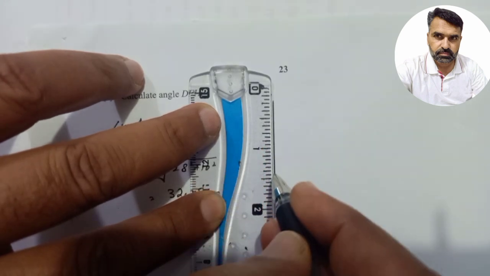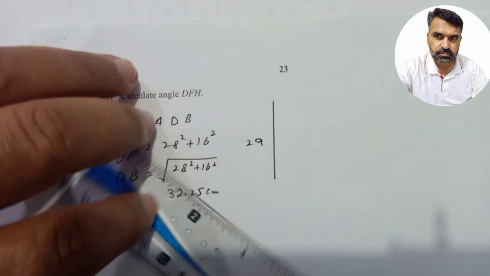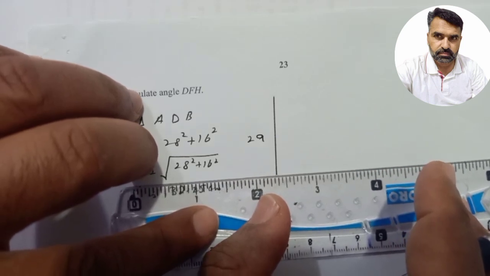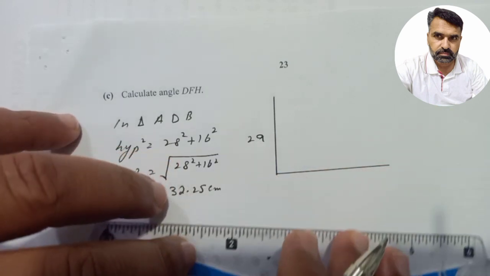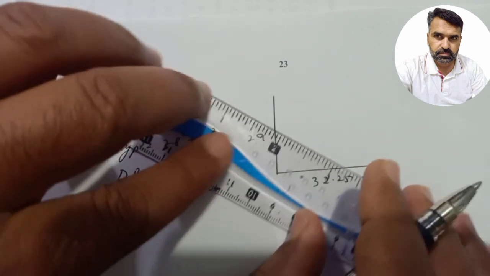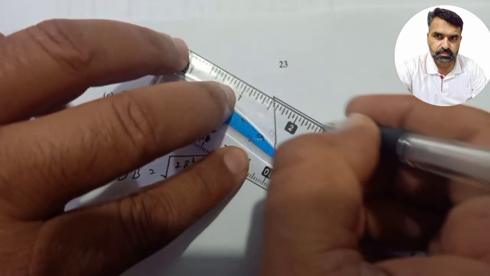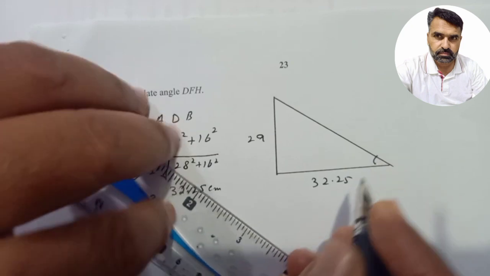Students, it is perpendicular whose height is 29 and its base that we have found already, and its value is 32.25, and this angle we have to find.